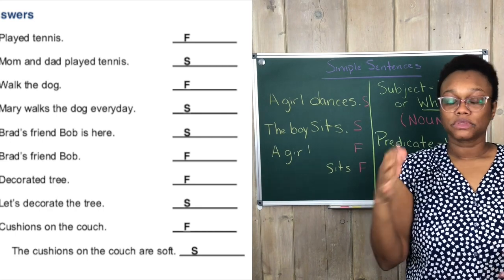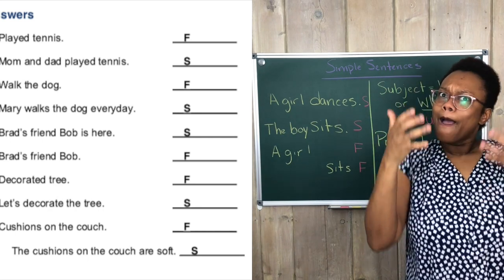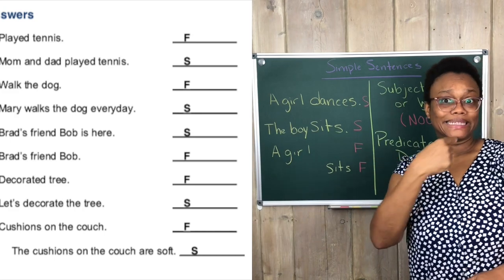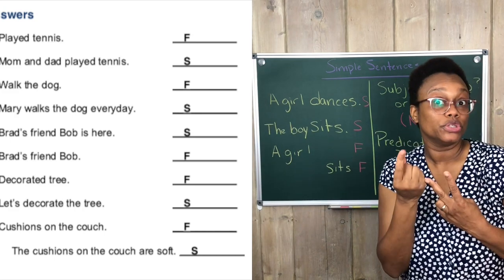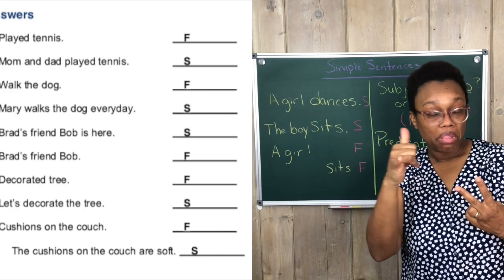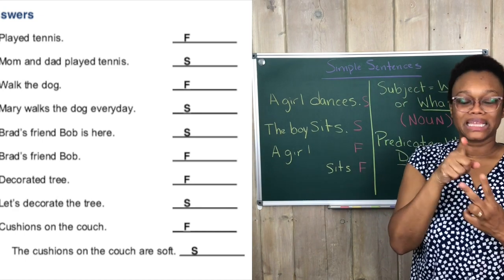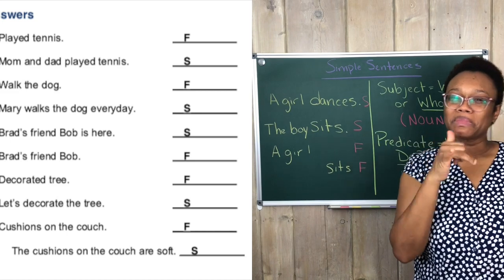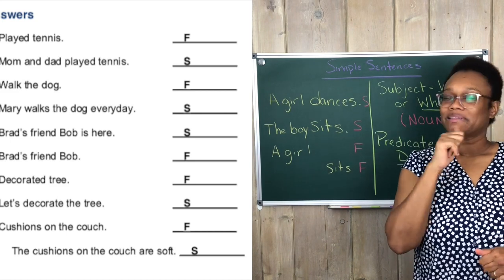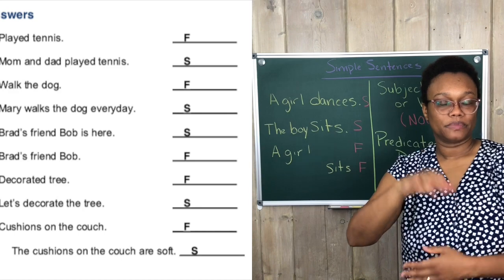No, it is not a sentence. Why? Played tennis, that tells me the predicate, the what do, the verb you're playing. But it's missing the subject, the who. Who is playing tennis? So it's not a sentence, so you would write F.